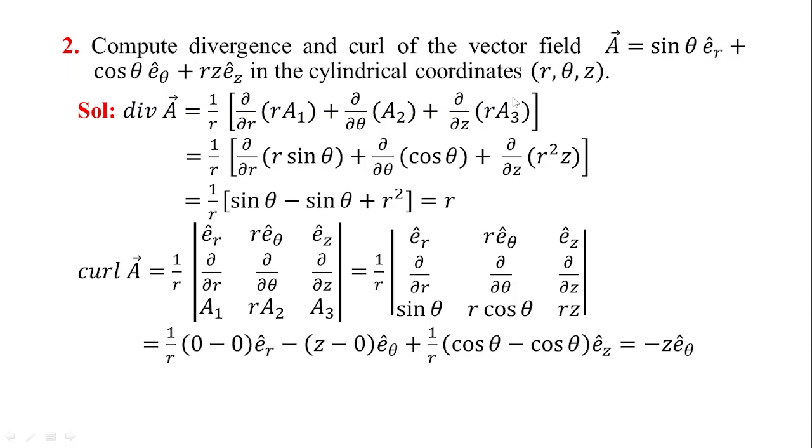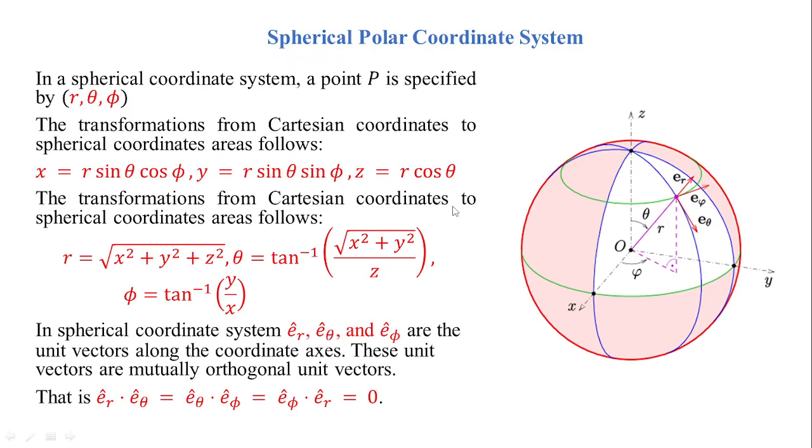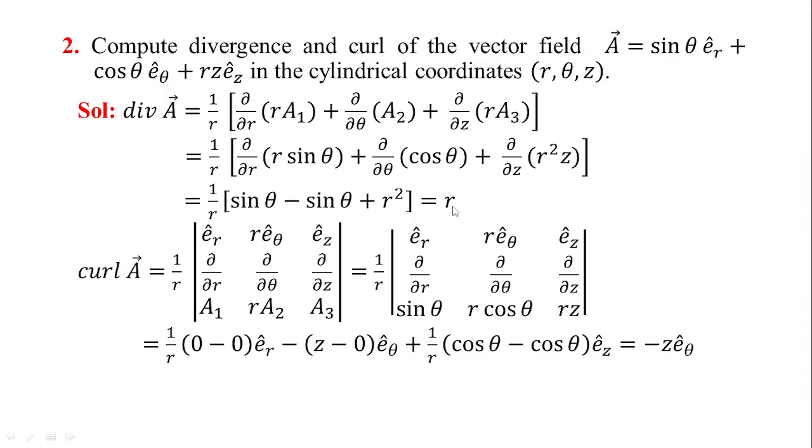In this formula, when we substitute the components of the vector A and differentiate these parts with respect to r, theta and z, then after simplification we get r. That is the divergence of the vector field A.